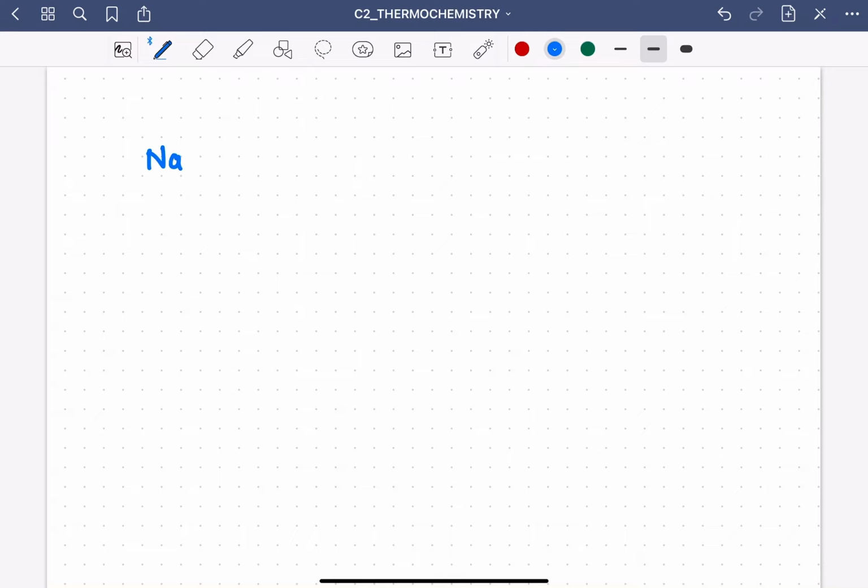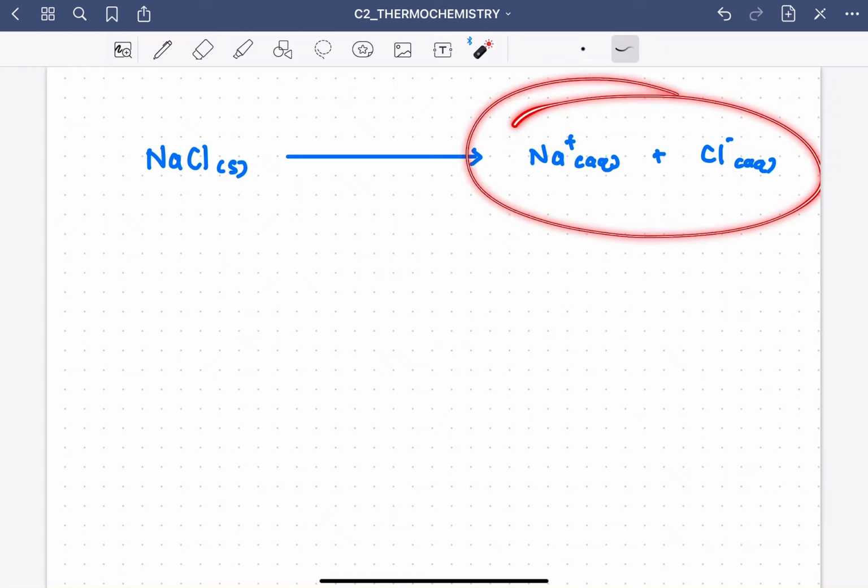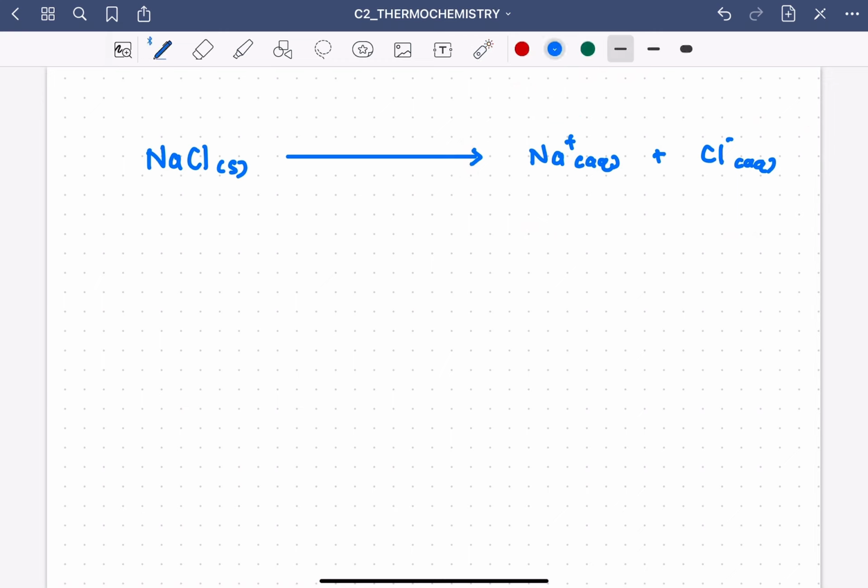We know we have sodium chloride, a solid, and we dissolve it in water to produce sodium ion aqueous and chloride ion aqueous. Basically, you mix it in water, and you get the solution. The enthalpy involved here is the enthalpy of solution.